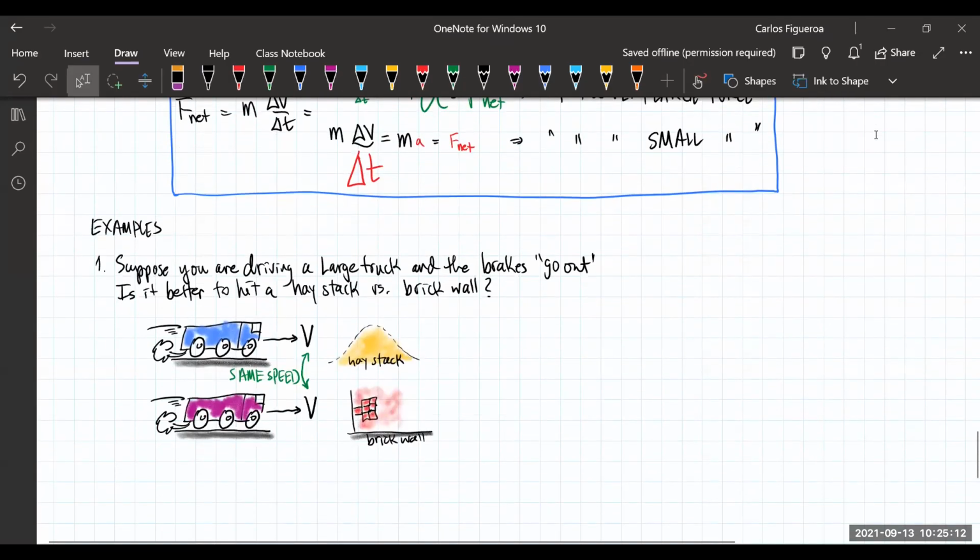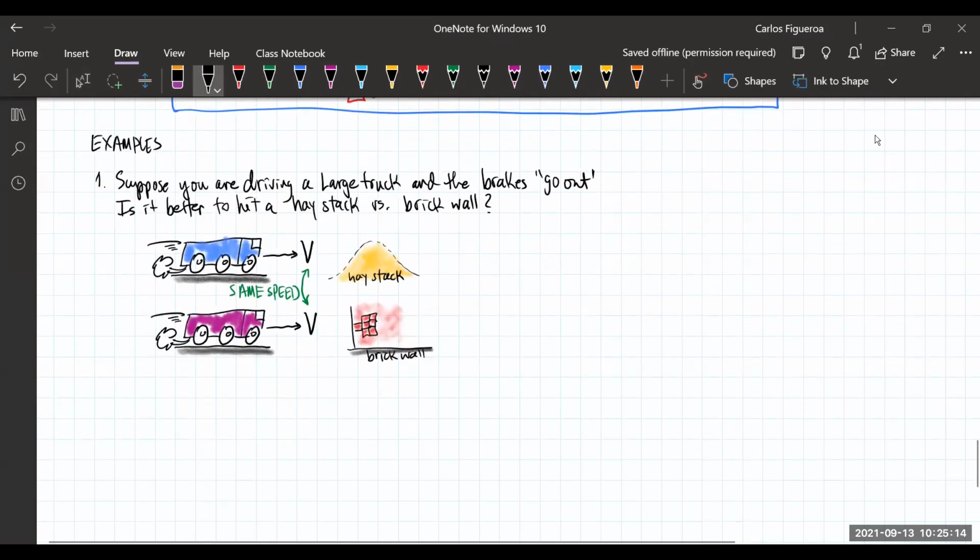So what we're going to see here is that the haystack and brick wall will stop each truck.